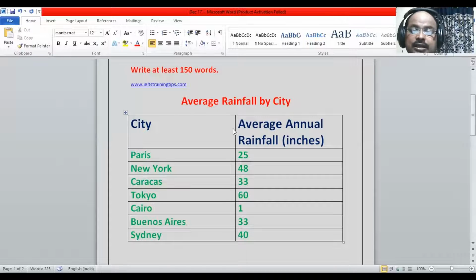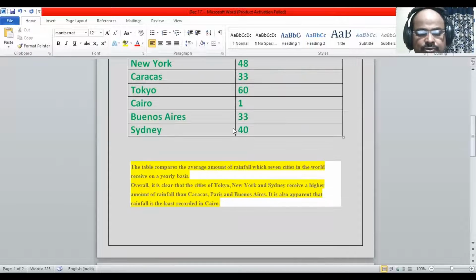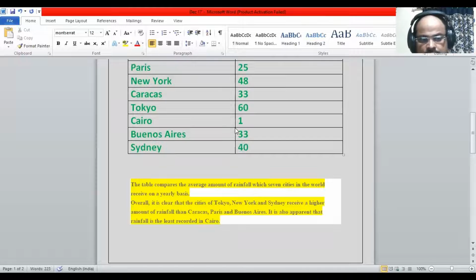Now let's see the introduction. What is there in the introduction and the overview? You can see from the picture that the table compares the average amount of rainfall which 7 cities in the world receive on a yearly basis.